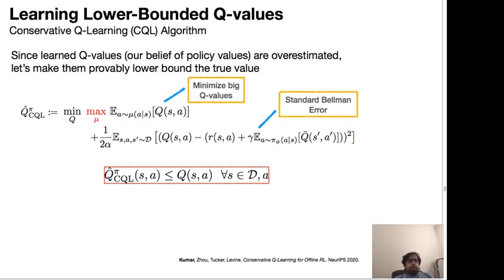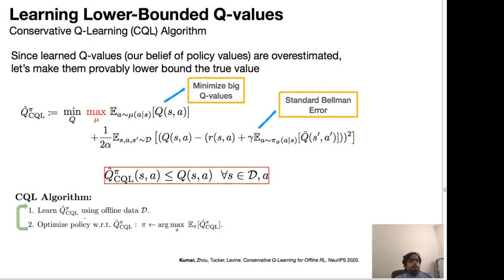What you can show is that if you train your Q functions using this objective rather than the standard Bellman error, the resulting Q function, Q hat by CQL, lower bounds the actual Q function, Q pi, which is denoted as Q here. And this is true on all states that you see in the dataset, as well as all actions on those states.